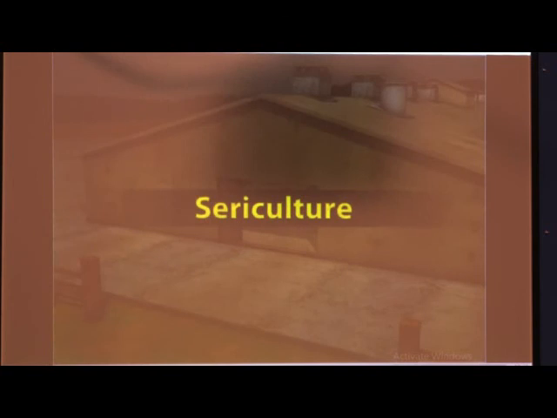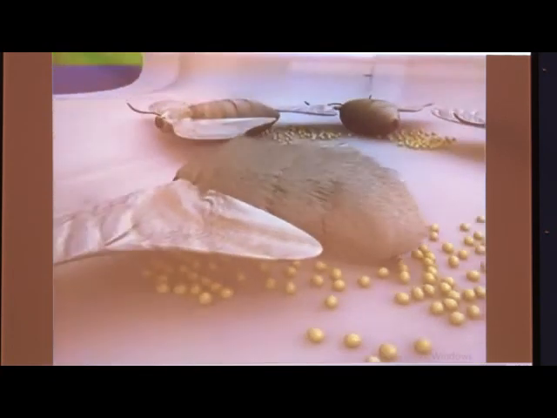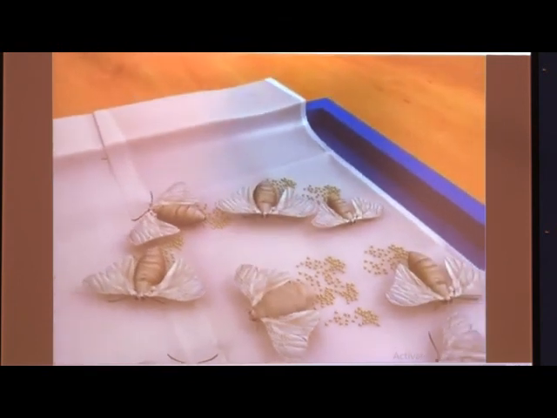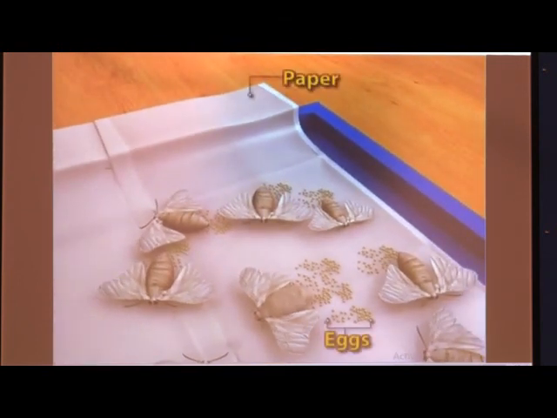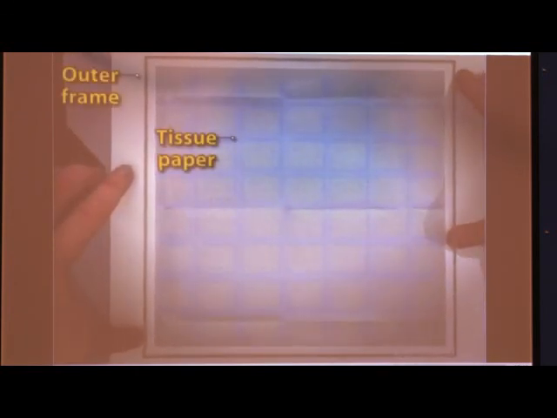Sericulture starts with laying of eggs by the silk moth. The adult yellowish-white female moth lays pinhead-sized, slightly yellowish eggs on a special paper set out by the silk farmer. The eggs are uniformly spread on egg frames and then covered with tissue paper and an outer frame.